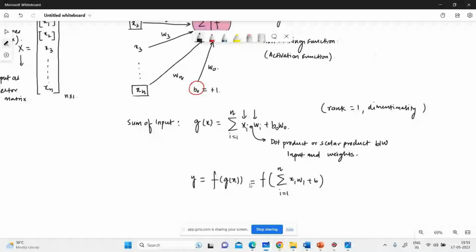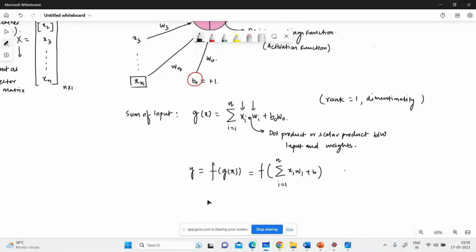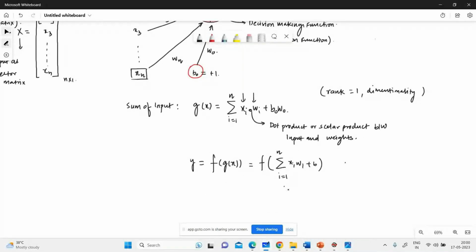If you observe, we can also write it like this: y equals f of the transpose of weights dot x plus the bias value. What is WT?